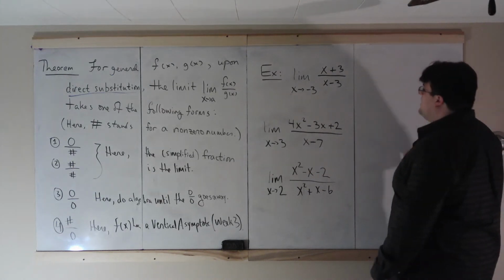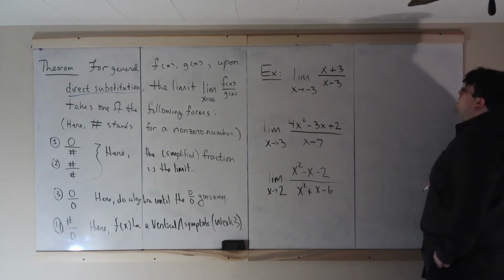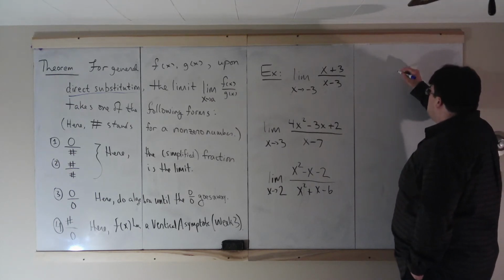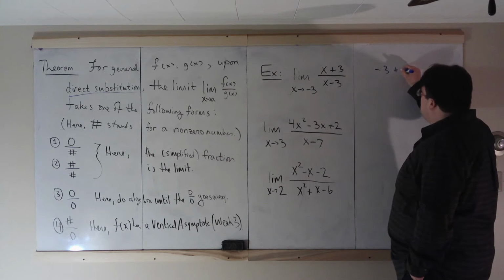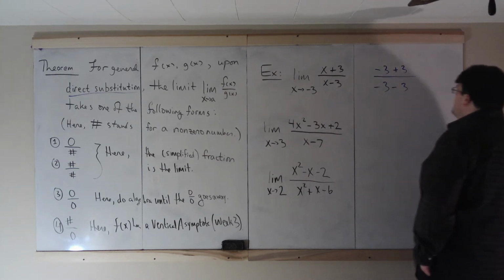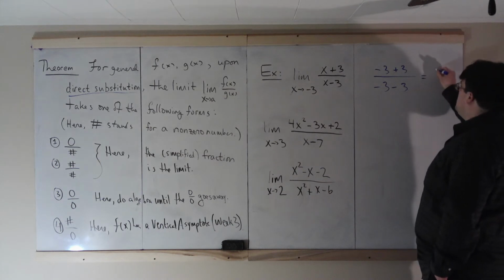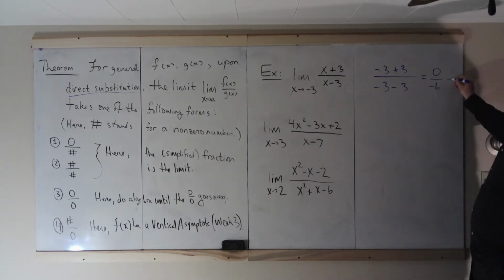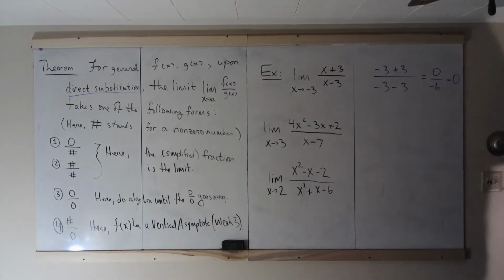So let's do this first limit. The limit as x approaches negative 3, x plus 3 over x minus 3. Well, do a direct substitution. What do you get? You get negative 3 plus 3 over negative 3 minus 3. That's a lot of 3's. What does that equal? That equals 0 over negative 6. Well, 0 over negative 6 reduces to 0.